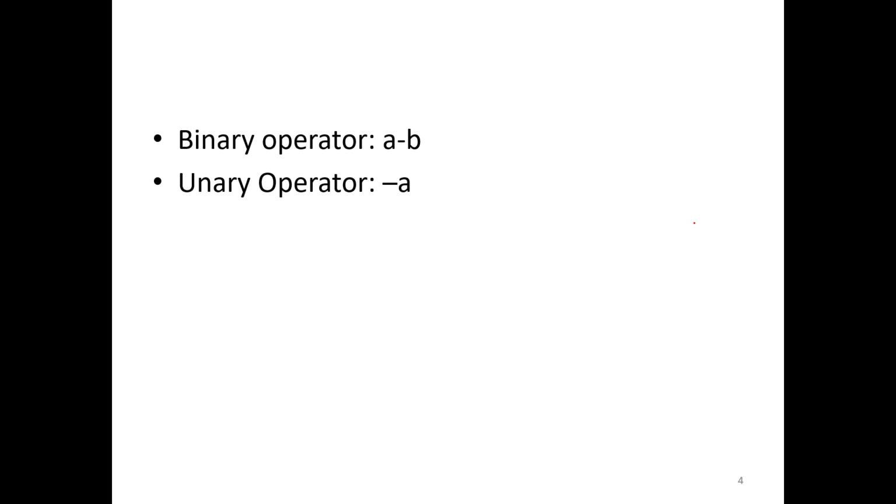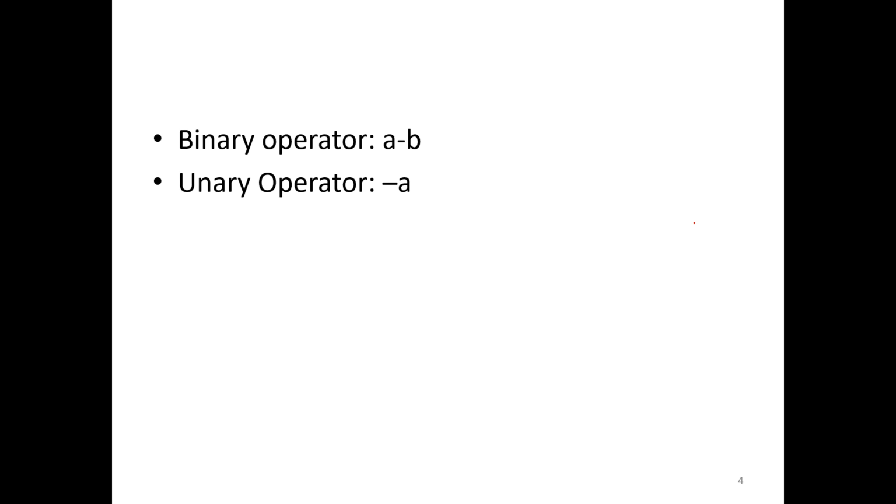Based on the number of operands, an operation can be a binary operator or a unary operator. Like in the first case, that minus takes two operands, A and B. So subtraction, addition, multiplication, division are all binary operations.